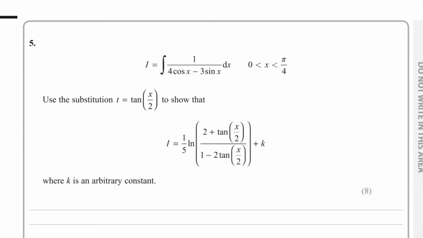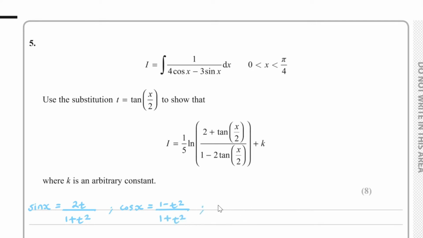The first thing I would recommend that you do is write down the t formulae. Sin x is equal to 2t over 1 plus t squared. Cos x is equal to 1 minus t squared over 1 plus t squared.